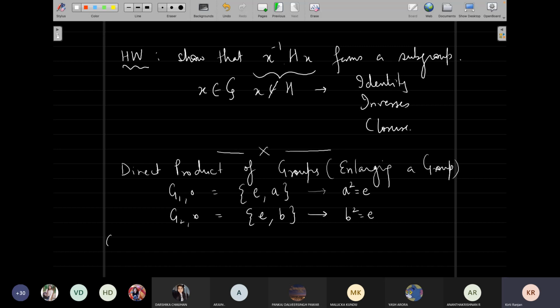So now think about doing something like this: G1 dot, which is my one group, multiplied by another group, G2, where B is not equal to A. If B is equal to A, there is no point in doing that. If B is not equal to A, then what will be the elements of this group? Can somebody tell me? I am going to take all possible products: this guy, this guy.